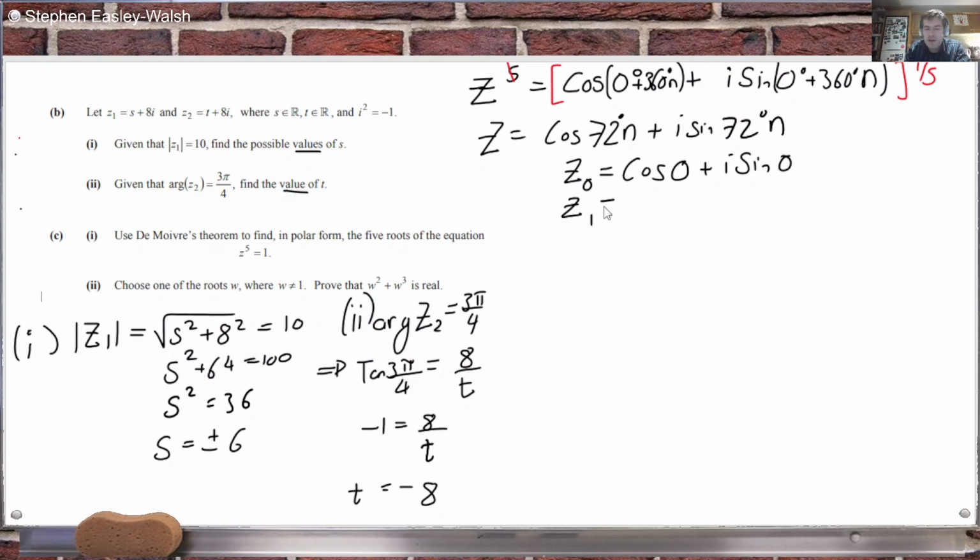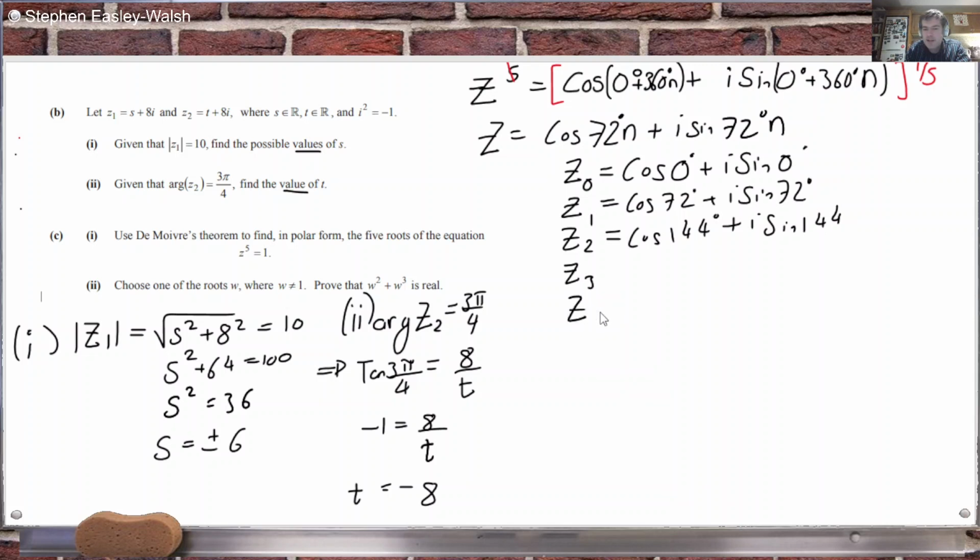Z1 equals cos 72 plus i sine 72 degrees. Z2 is cos 144 plus i sine 144.